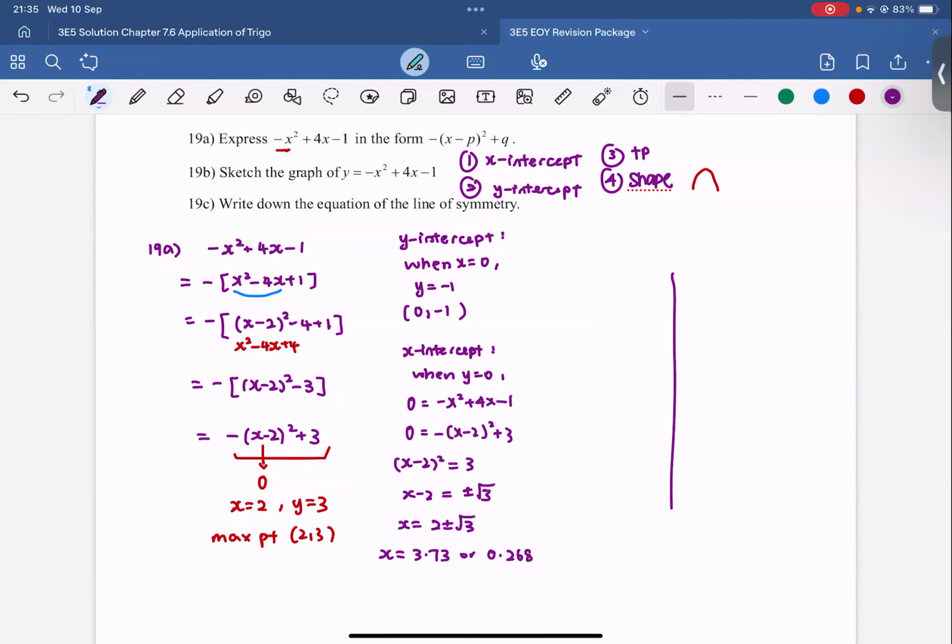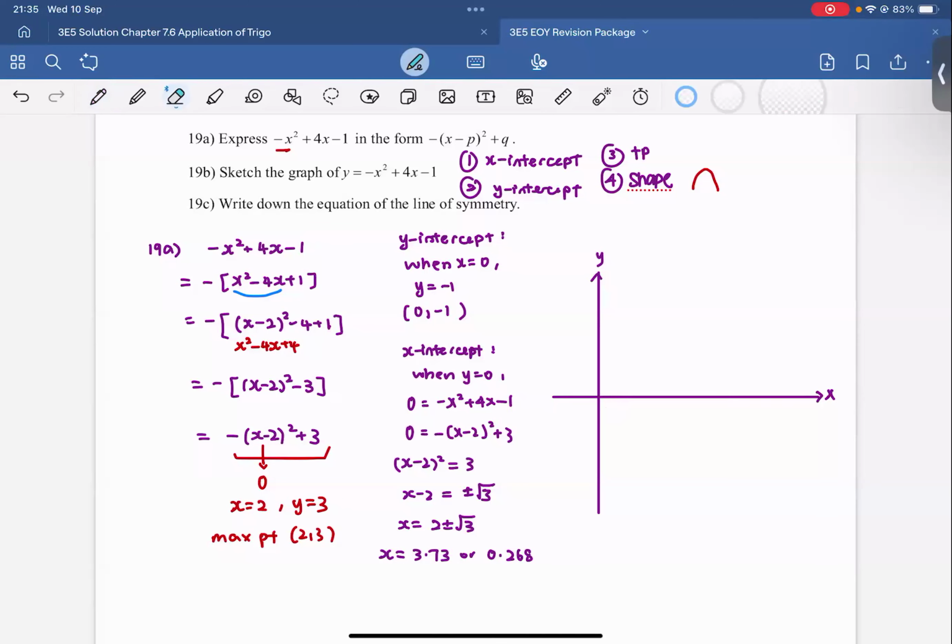I will sketch my graph. Hope it's more positive. Okay, so it will cut 0.268. So I label here 0.268, 0, and it will cut 3.73, 0. It will cut the y-axis at -1.